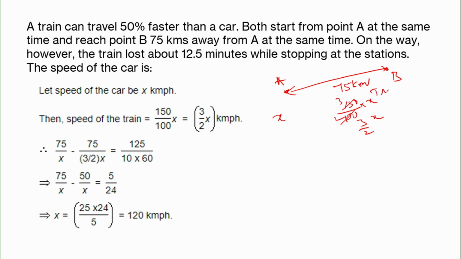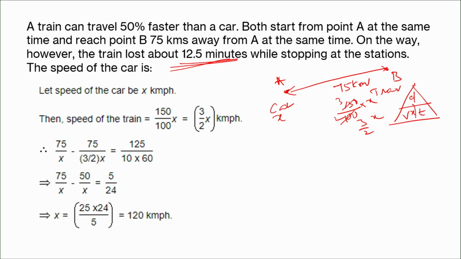This is for the train and this one is the car. Here the distance is the same, but the time difference between these two is 12.5 minutes. Correct? Okay. Already I said, once again I am drawing this. This is distance, this is the velocity or speed and time. Correct? So, distance by speed is equal to time.